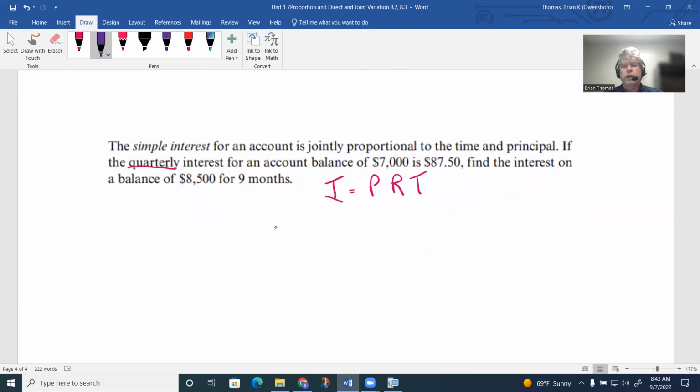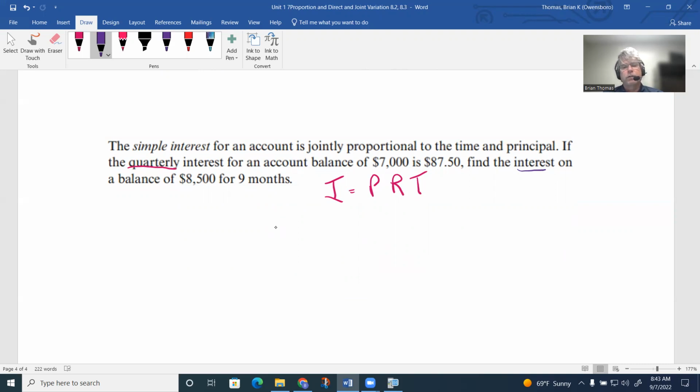So we're looking for interest. Notice how interest is going to vary directly with the principal and the time. The more the principal and the more the time, the interest should be increasing as well. Or the smaller the principal and the smaller the time, the smaller the interest. So that's described as a direct variation.